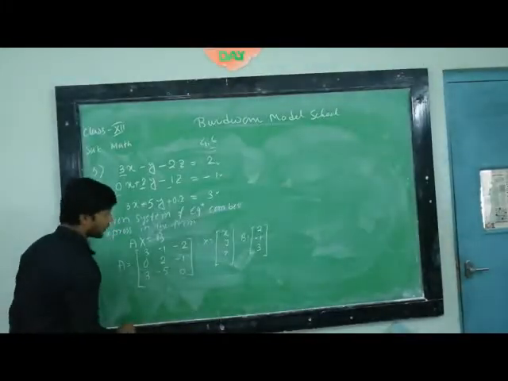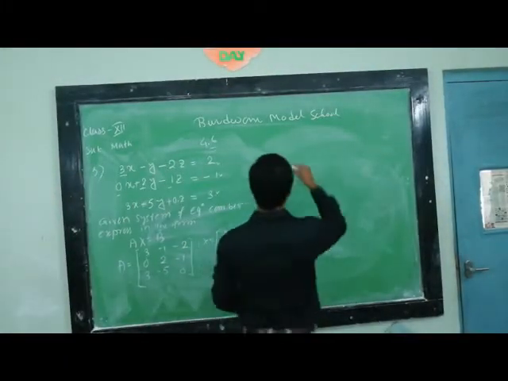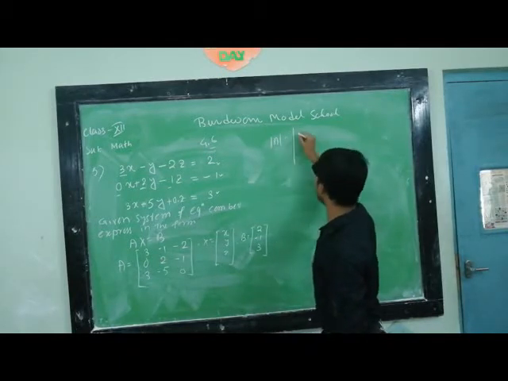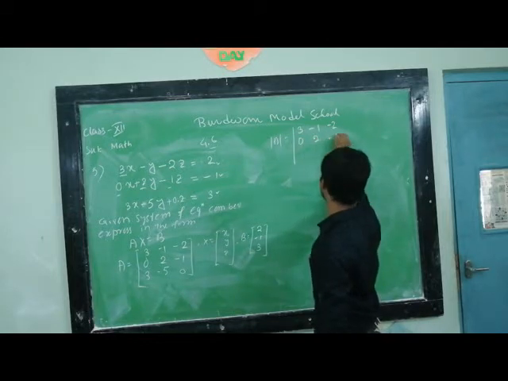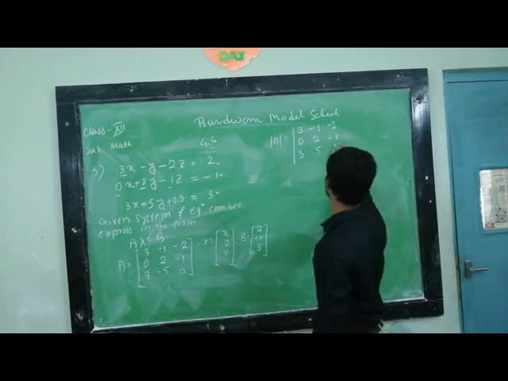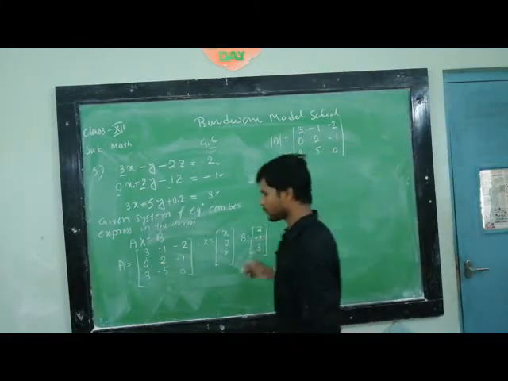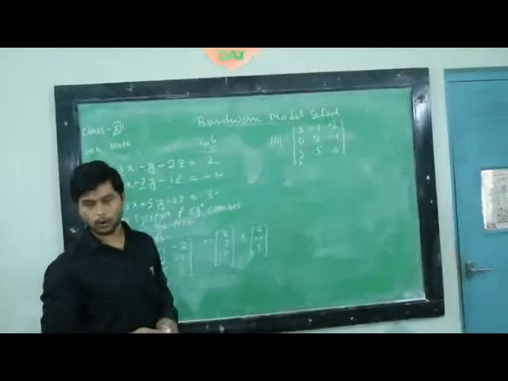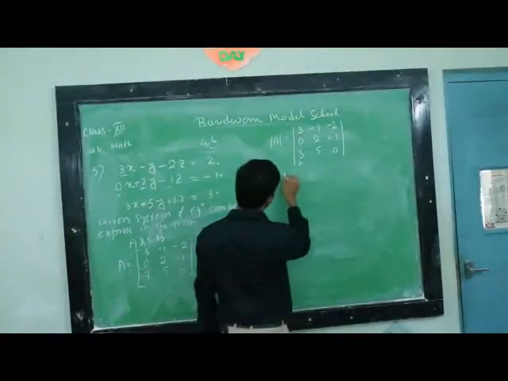So calculate the value of det A. Det A is equal to 3, -1, -2, 0, 2, -1, 3, -5, 0. We'll expand the determinant along the first column because it contains a 0.